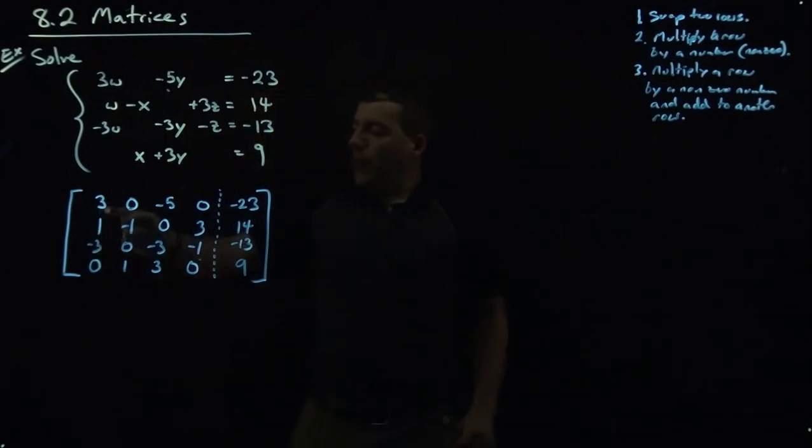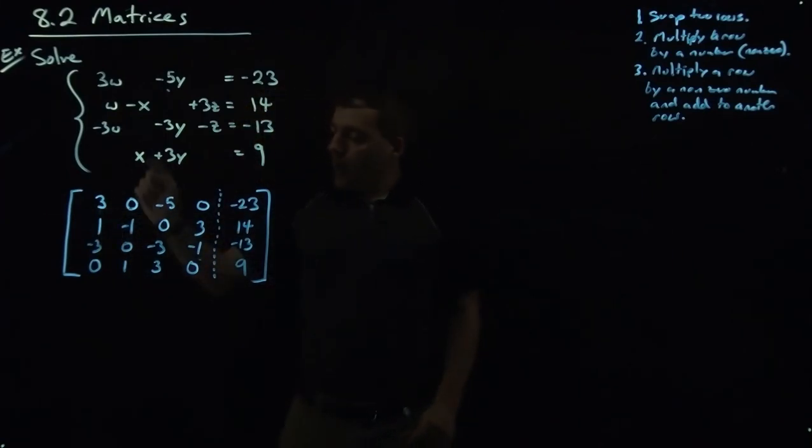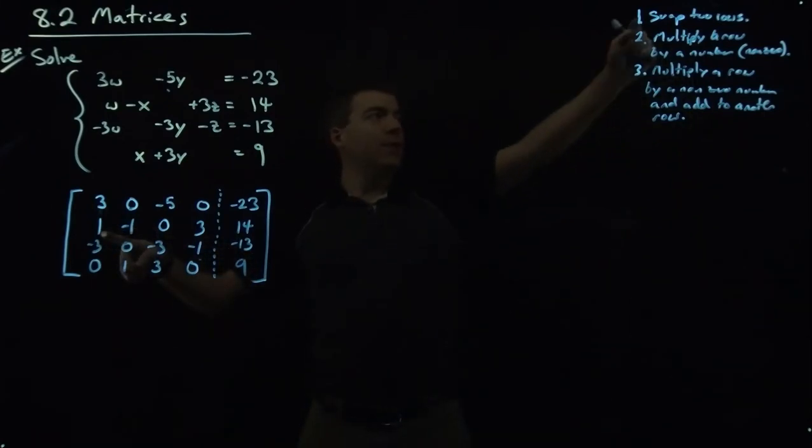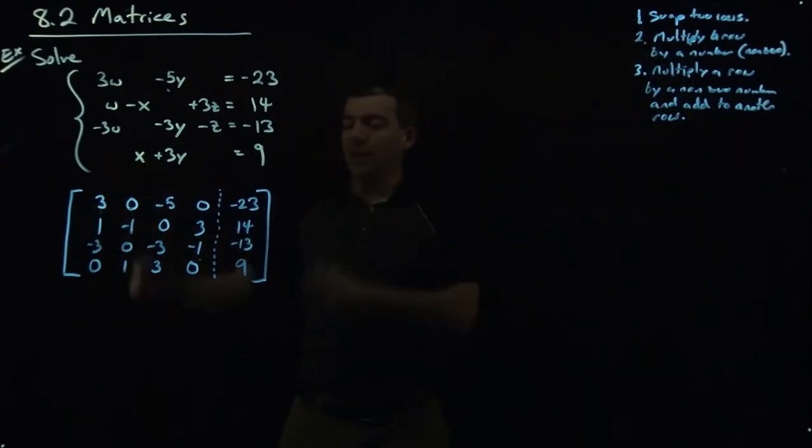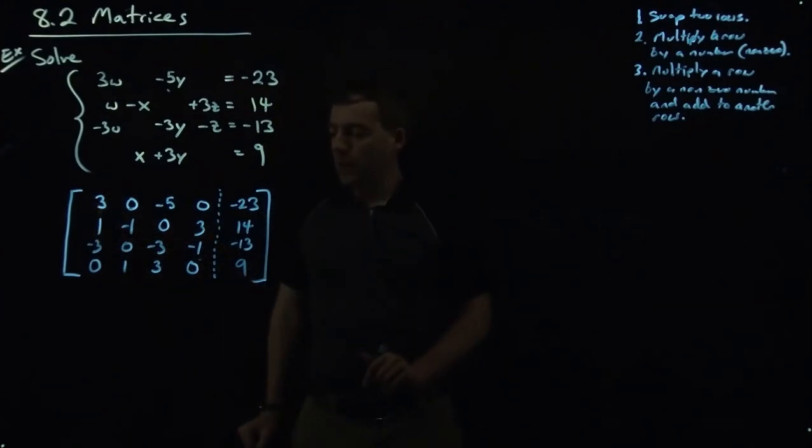We'd like to have a 1 up here in the upper left, and we notice that the second equation has a 1 right here. So we can use the first property here to just swap the second and the first row. So that's what we're going to do.